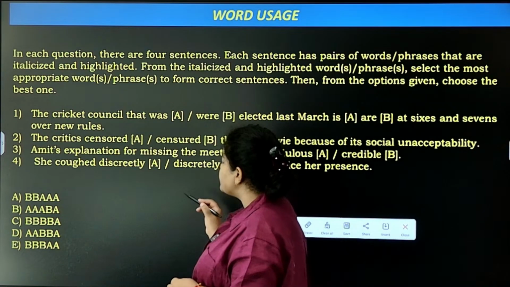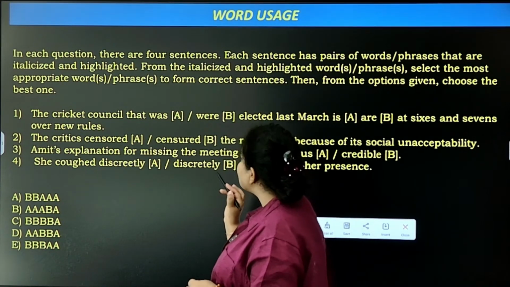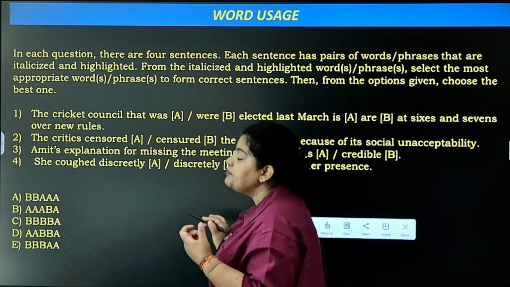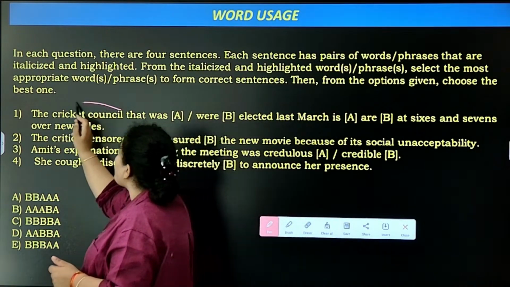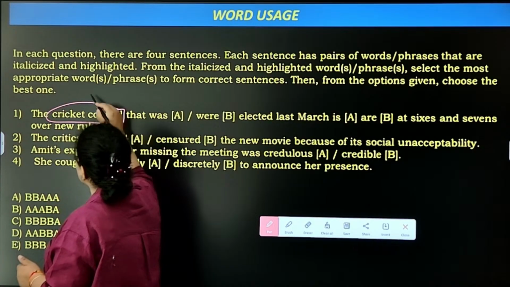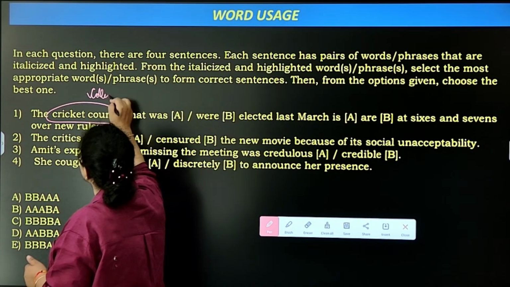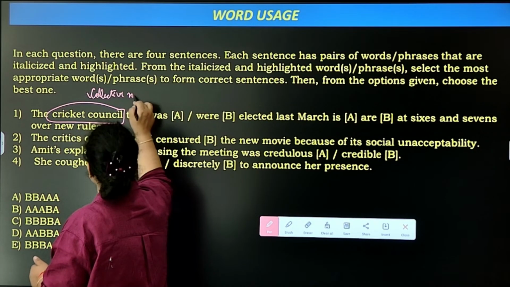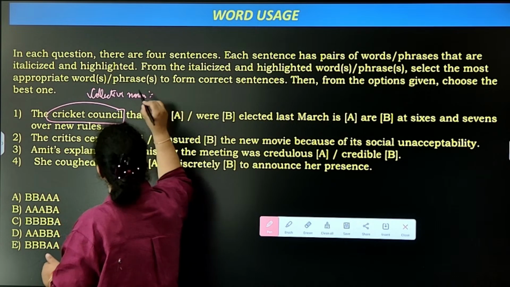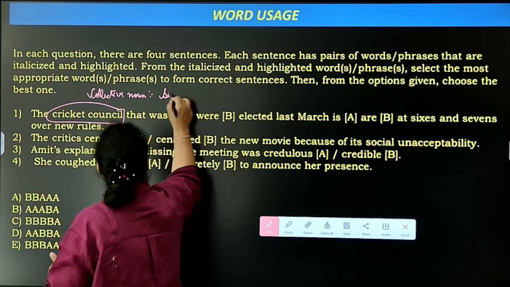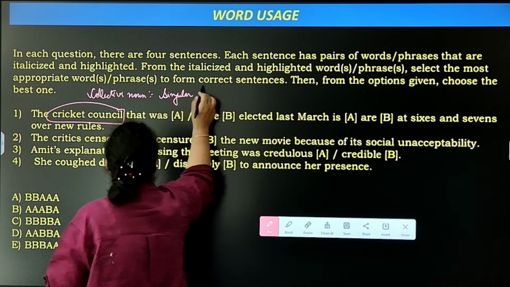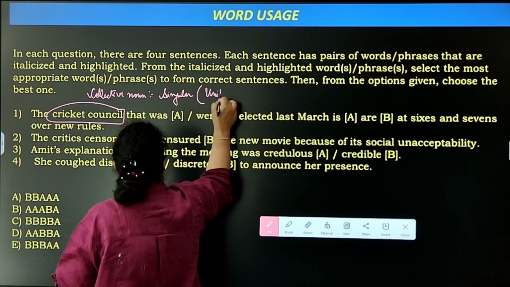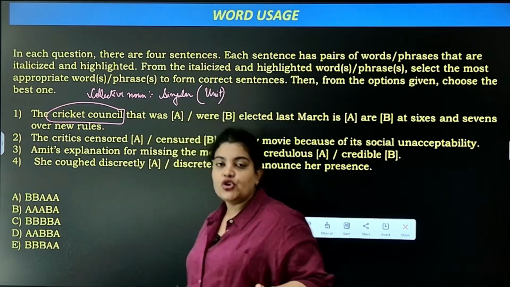So the cricket first sentence, the cricket council that was or were. Okay, now here there is one grammar rule that is applicable. Now the cricket council is basically a collective noun. Okay, and collective noun in the most of the cases it is actually treated as singular. Okay, when the members of all the group are standing together as a single unit, right?